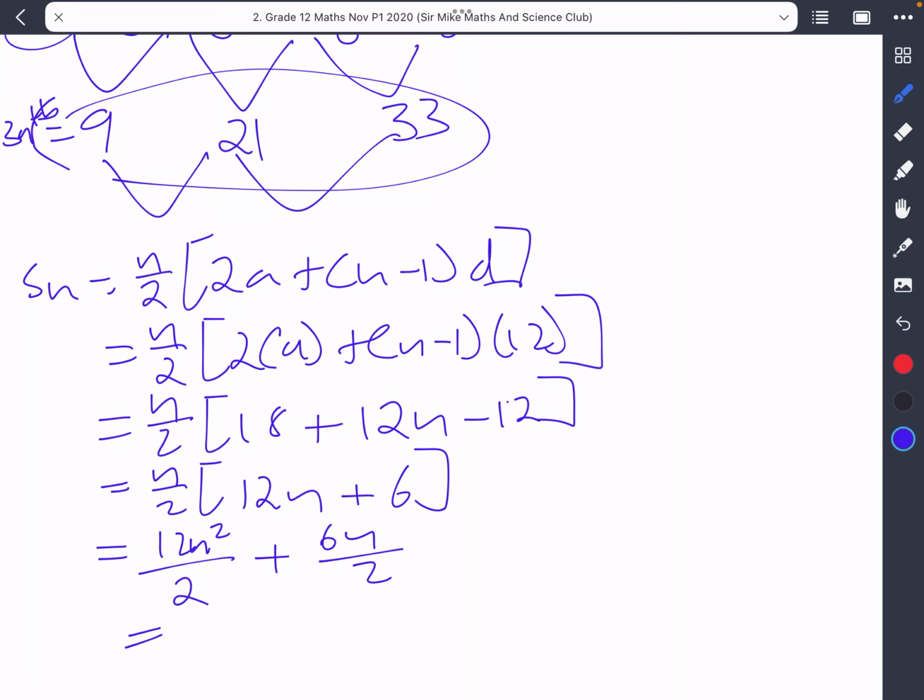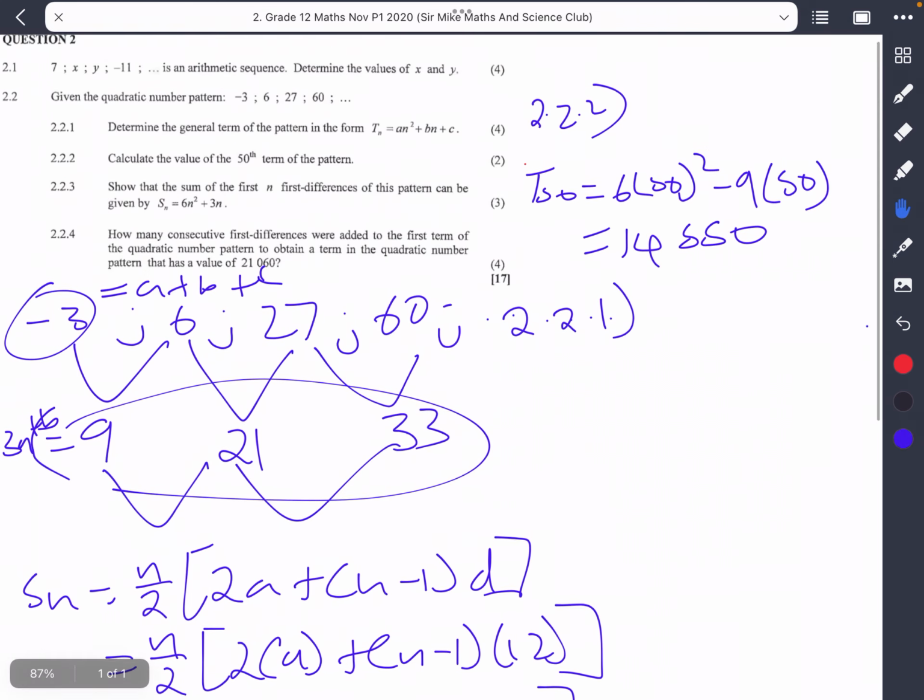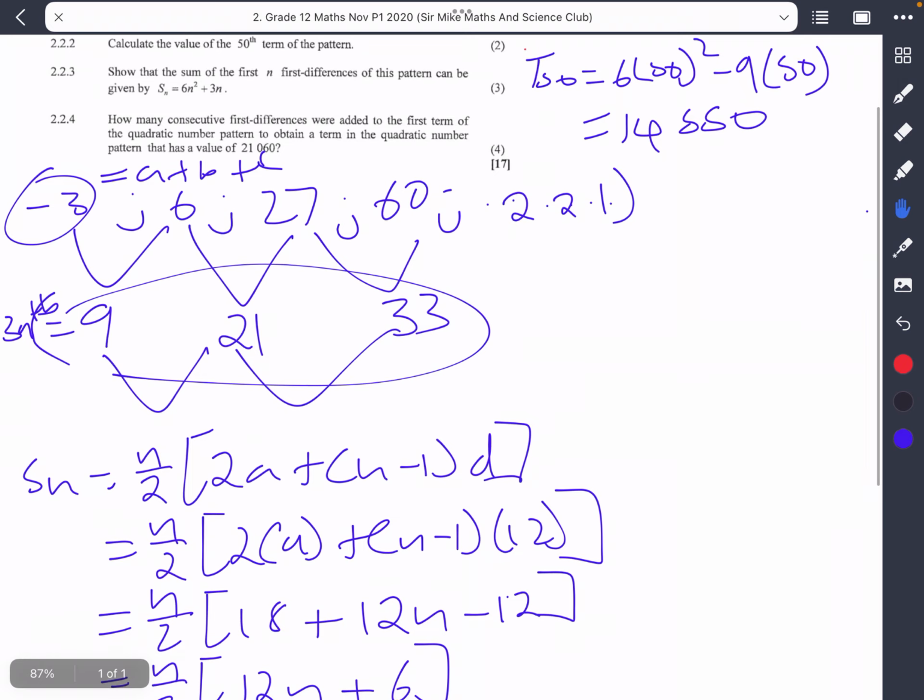Actually, this should be 6n squared plus 3n. So that would be the solution for that question. Let me just scroll up again. So yeah, that's what they wanted us to show.